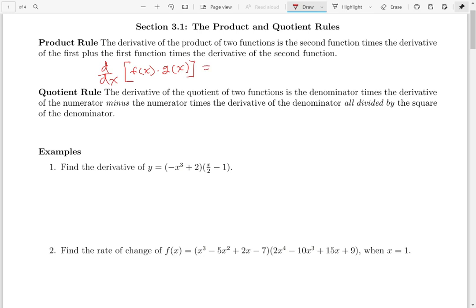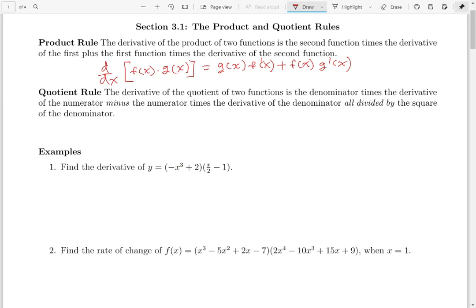This derivative is then going to be the second function times the derivative of the first plus the first function times the derivative of the second. And so this is our formula for when we have a set of products. Take the second function, multiply it times the derivative of the first function, and then add that to the first function times the derivative of the second function.